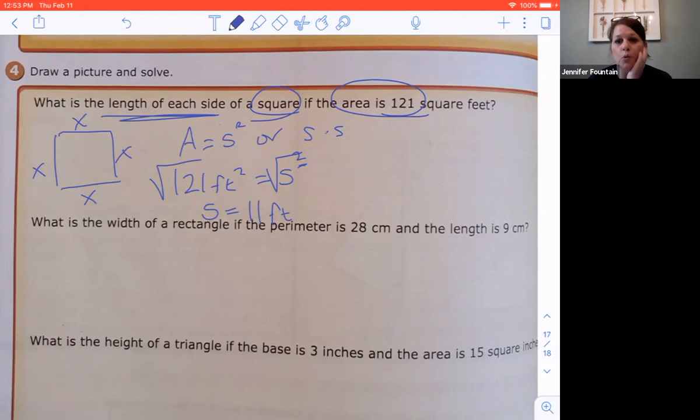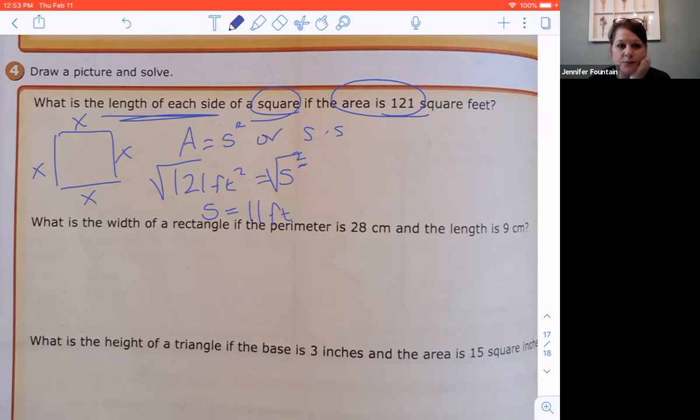Anytime I have something squared, if I have x squared, t squared, s squared, whatever it is, to find the value of just a single t or x or s, I have to take the square root of it. But if I take the square root of one side, I have to take the square root of the other.